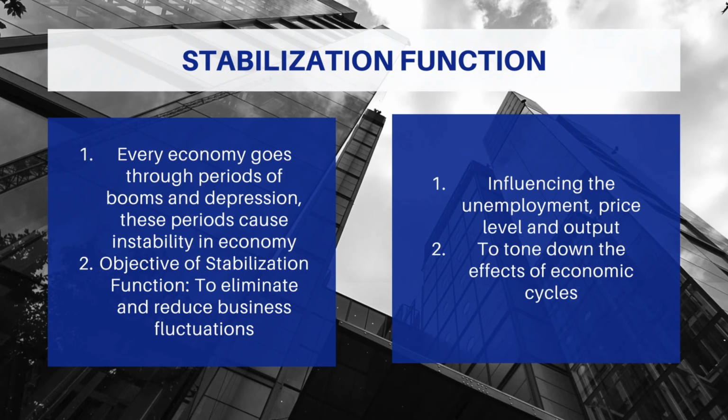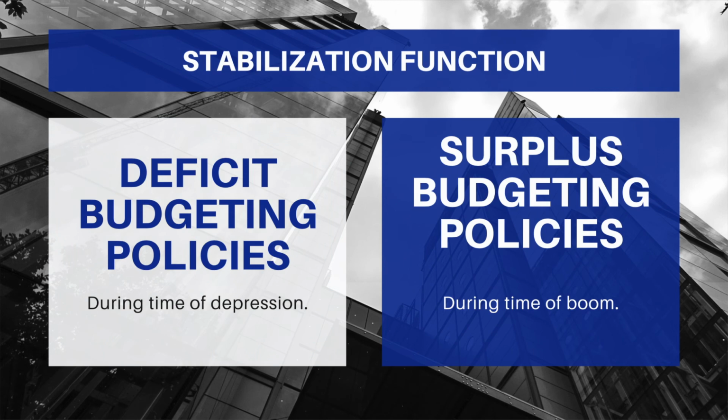Government can use policies to influence unemployment, price level, and output. Government can use deficit budgeting policies during times of depression. Government can also use surplus budgeting policies during the time of boom.